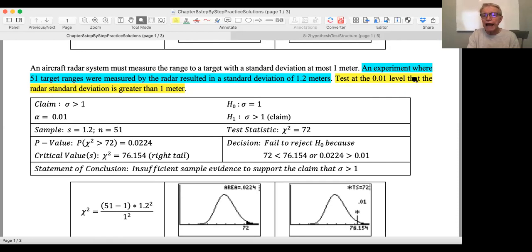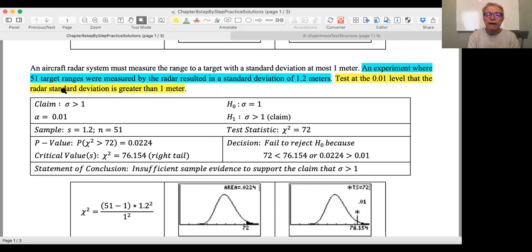Test that, and here at the 0.01 level, doesn't say alpha, but it's talking about a level. Alpha and significance level all mean we're talking about the significance level. So the significance level is alpha, and in this case is 0.01. But we're testing that, so we know we're talking about the claim here, even though it doesn't say claim, that standard deviation is greater than 1.